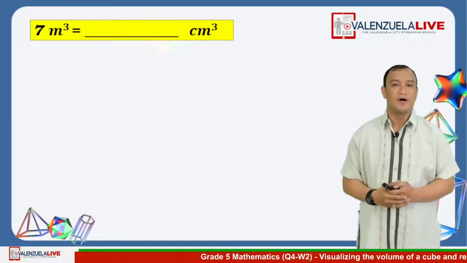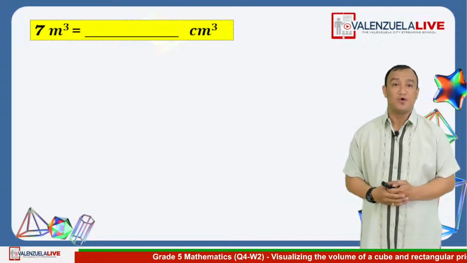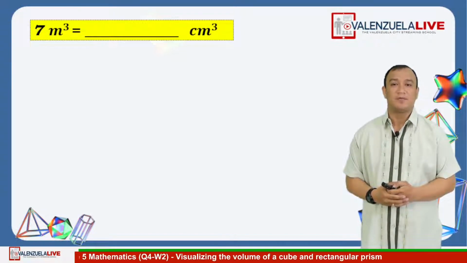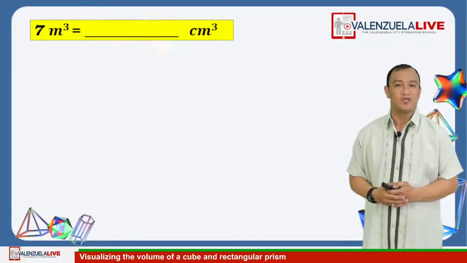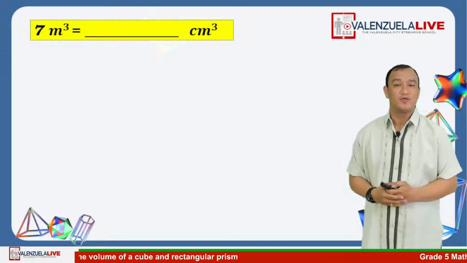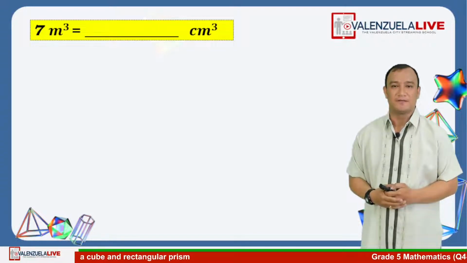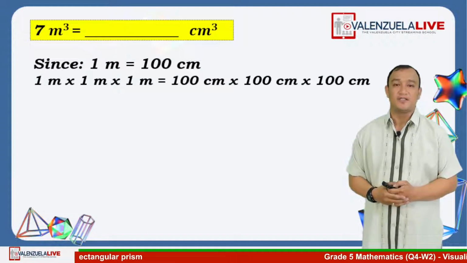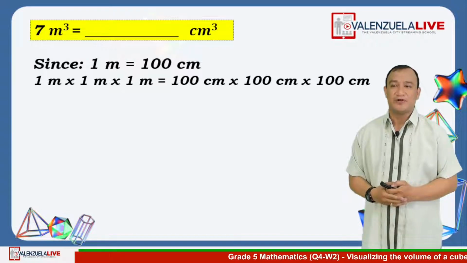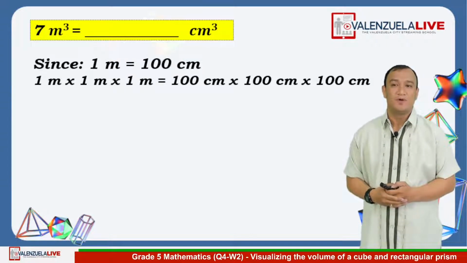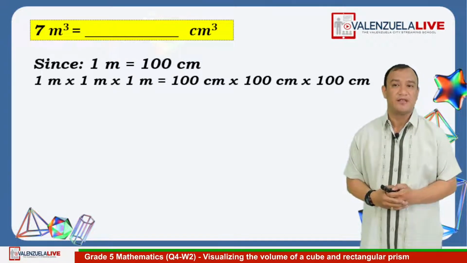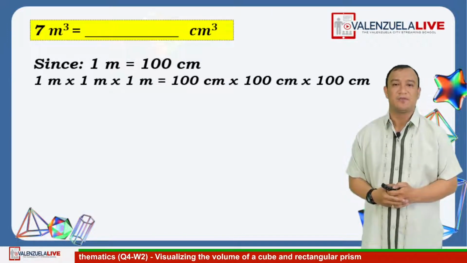For example, number 1, convert 7 cubic meters to cubic centimeters. In this example, we will use multiplication because we are converting a larger unit into a smaller unit. Since 1 meter is equivalent to 100 centimeters, 1 meter times 1 meter times 1 meter is equivalent to 100 centimeters times 100 centimeters times 100 centimeters.